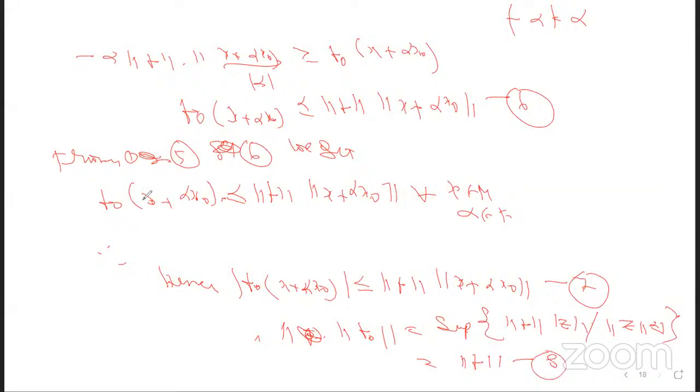Consider equation number 8. From equation number 1 and equation number 8 we obtain the result. What is the result? Norm of f equals norm of f naught. Hence proved.